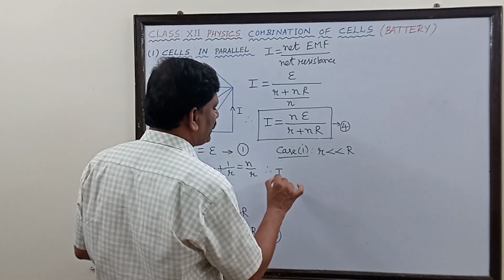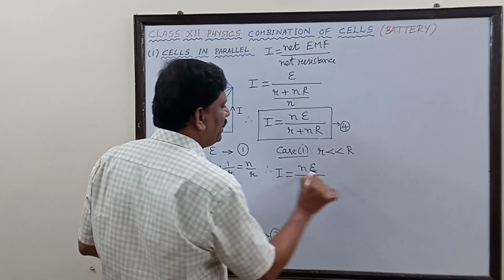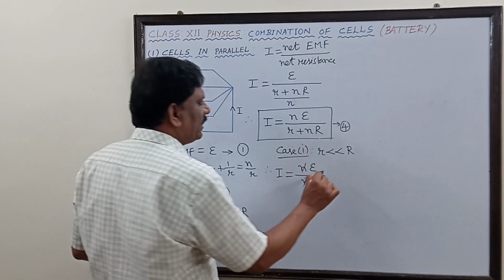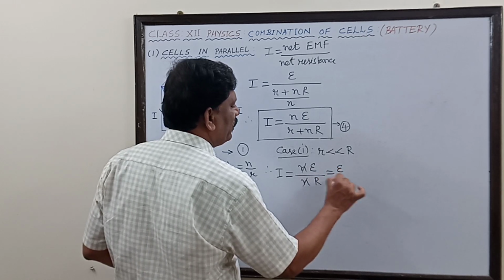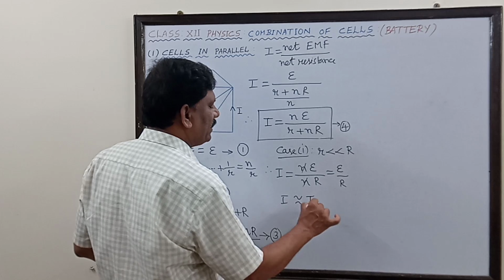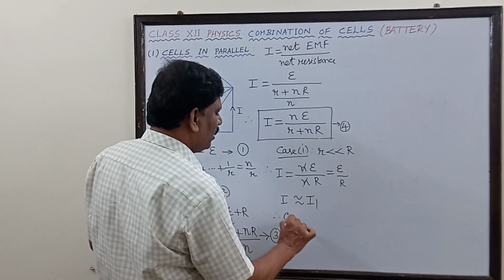Therefore, what is the expression for current? I is equal to n times E divided by n times R. So this n is getting cancelled. This is equal to E divided by R. So this is nearly equal to the current supplied by a single cell, is it not?